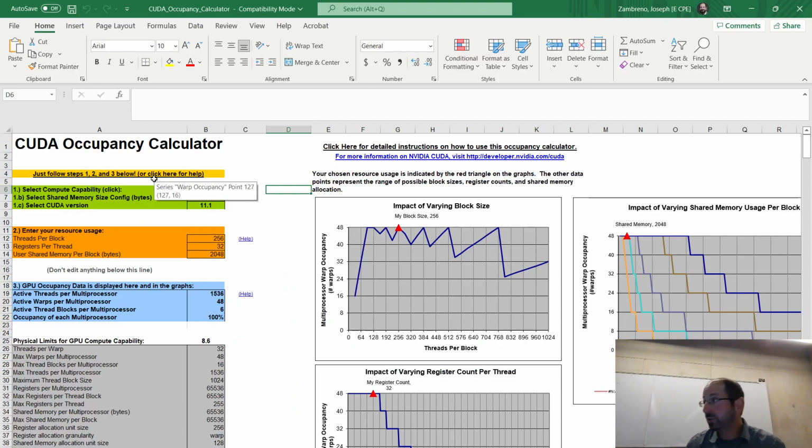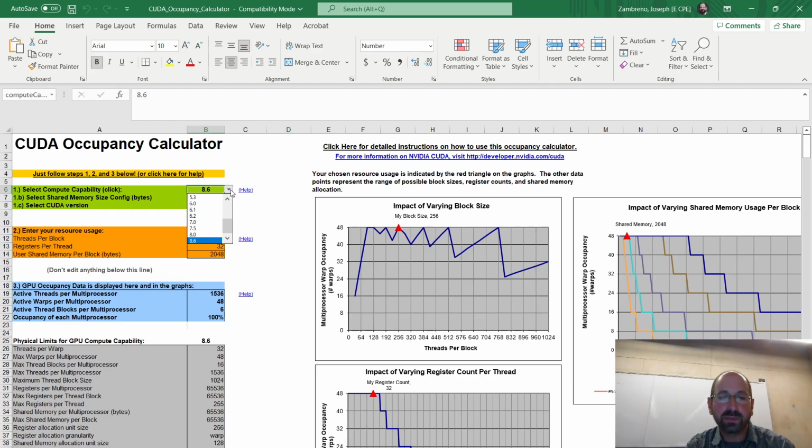It is literally just a spreadsheet that will tell you effectively for a given application what is the limitation of that kernel on your particular device here. So you would first select basically compute capability. They don't want you just to select the device, I guess, but you're saying, okay, here's the device that I'm going to be running on.